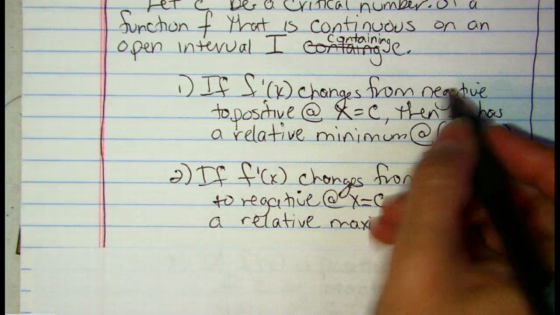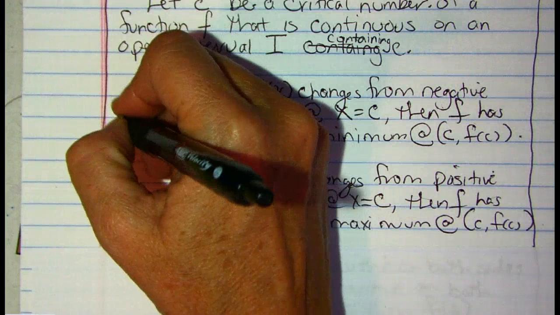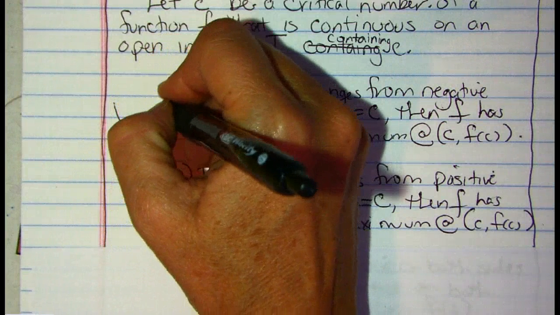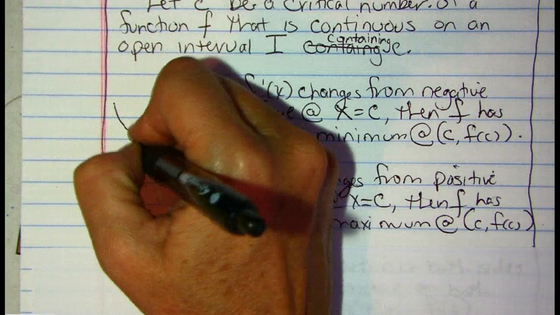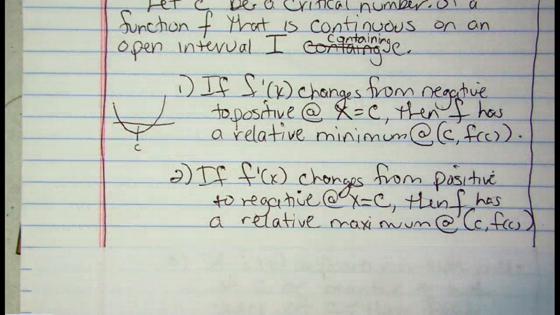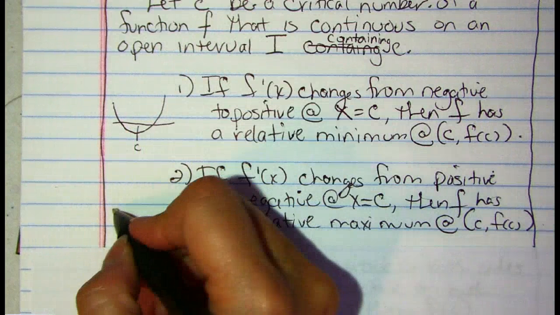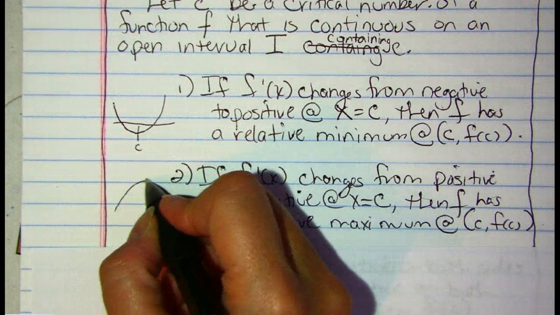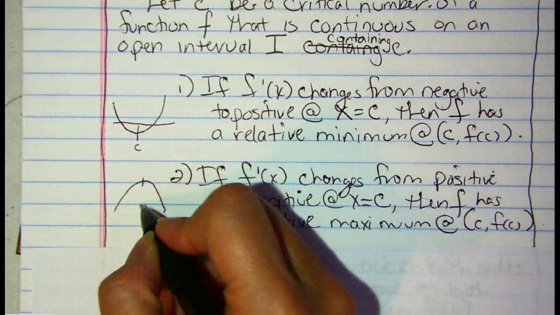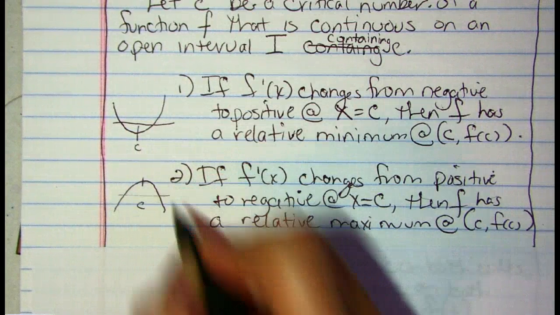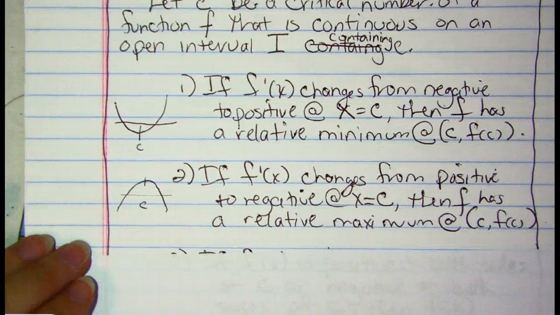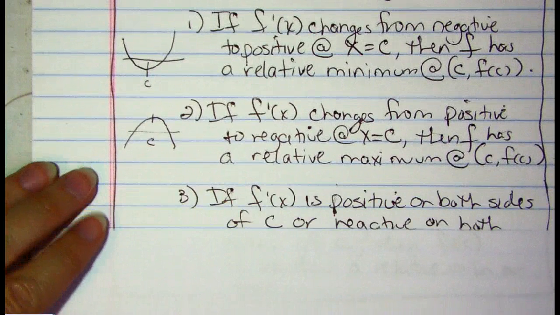So let's see, from negative, might have a negative slope to positive, and this here could be my c. Or from positive to negative, that would be my c. And there's one other possibility in my first derivative test.